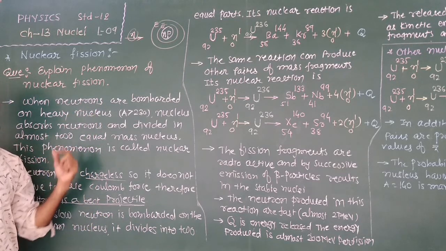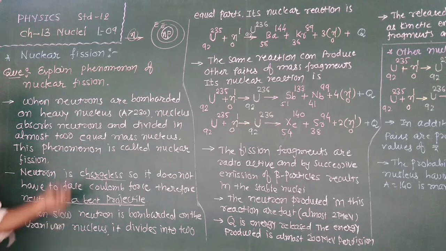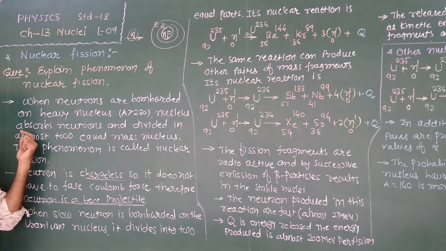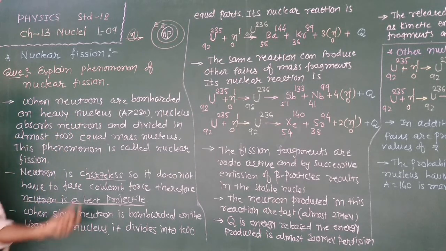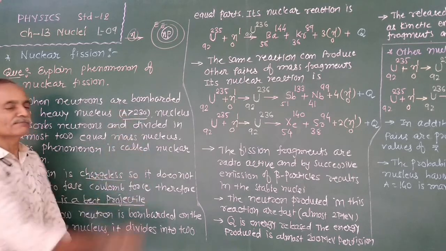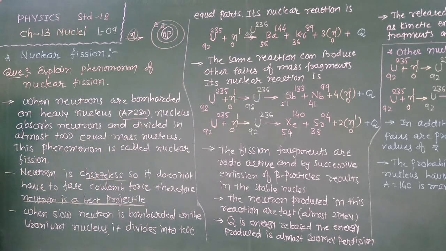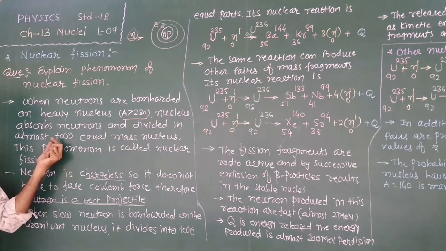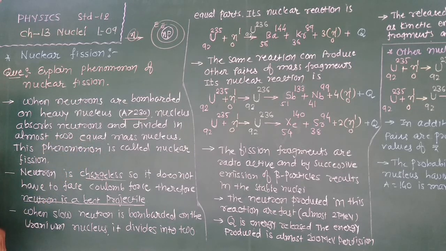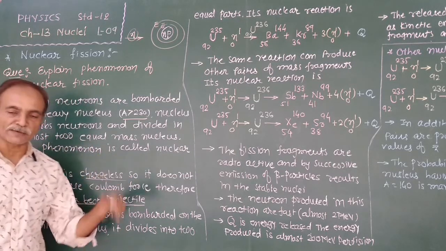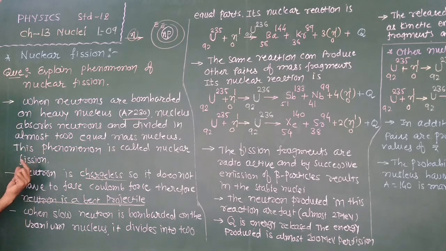Again, what is the definition of the nuclear fission process? When neutrons are bombarded on a heavy nucleus, that means one with an atomic mass number greater than 230, the nucleus absorbs the neutrons and divides into two almost equal mass nuclei. This phenomenon is known as the nuclear fission process.